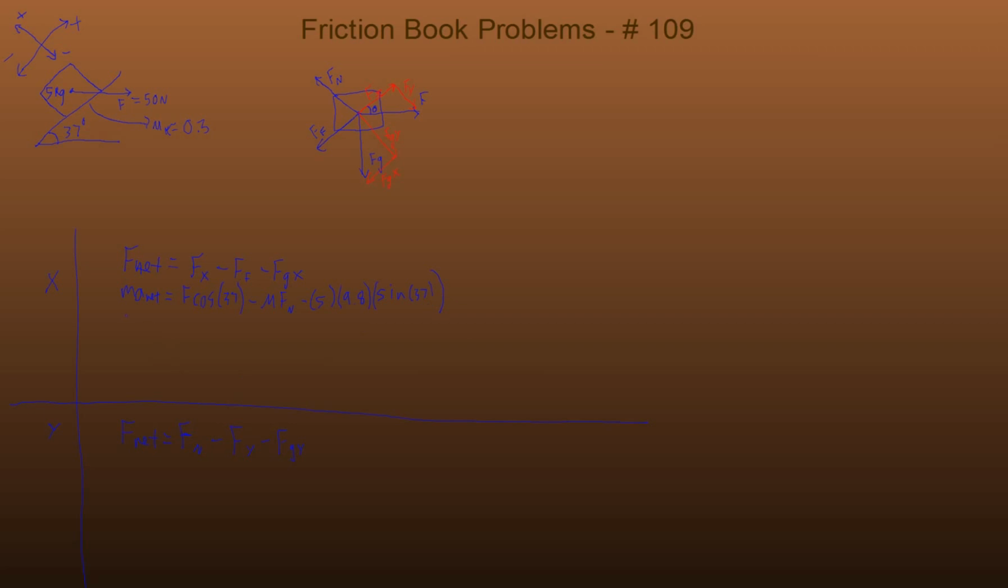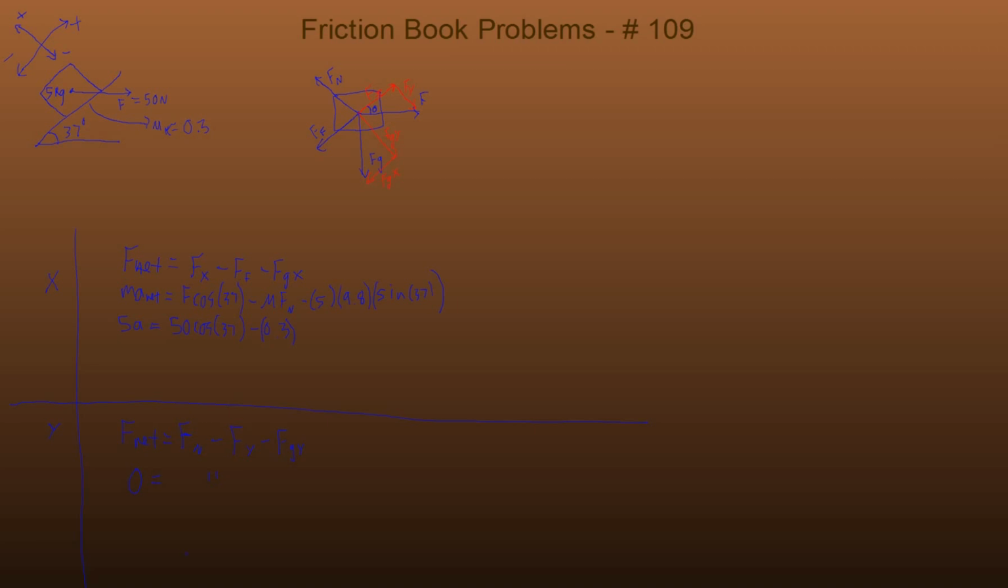And we can fill in a little more here. 5a equals 50 cosine 37 minus 0.3, and we'll get the normal force in a sec. Actually, let's do that now. So we know it's not accelerating in the y direction. It's just staying on the ramp. So F net is 0. That's nice.